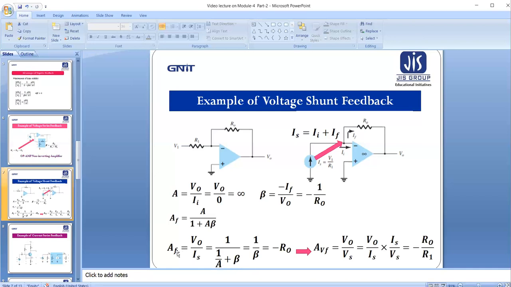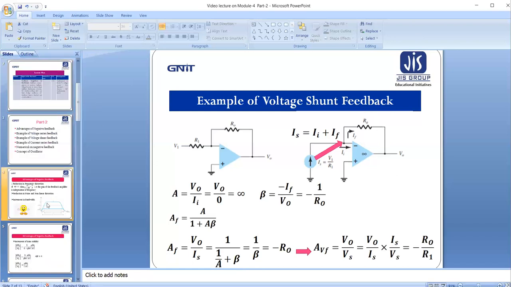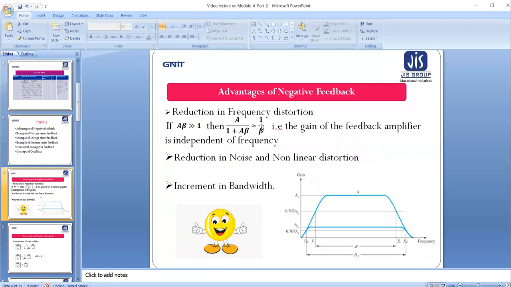Now we are seeing that when the entire gain of the system will be 1 by beta, that means the feedback circuit is purely resistive. That also coincides with our previous discussion. So in this circuit, when A beta is much greater than 1, the gain is 1 by beta, and it will reduce the frequency distortion.